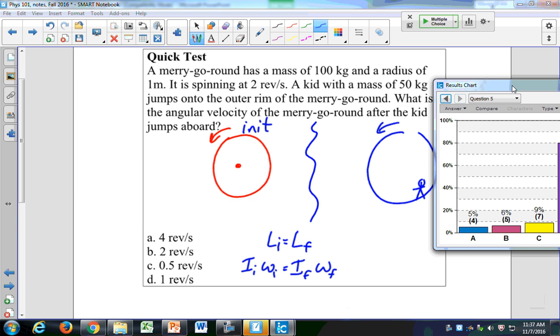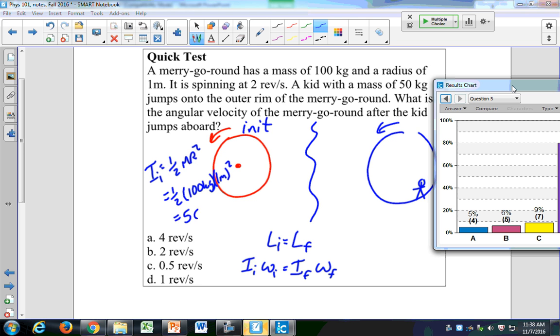Let's take a look. So, several steps here. First, we want to find out what is I initial. I initial is the mass of the merry-go-round, 1/2 mr squared. This is a disk. I look on my table. I find that the moment of inertia for a cylinder is 1/2 mr squared. And so I say 1/2 times the mass, which is 100 kilograms, times the radius, which is 1 meter, squared.